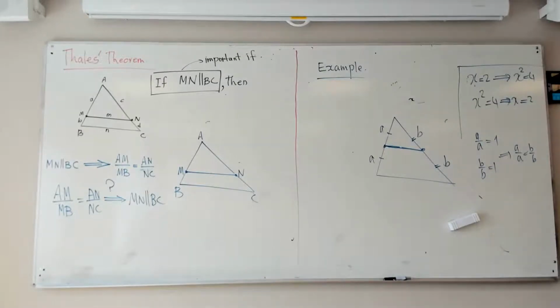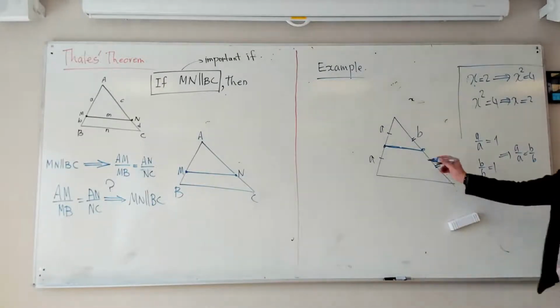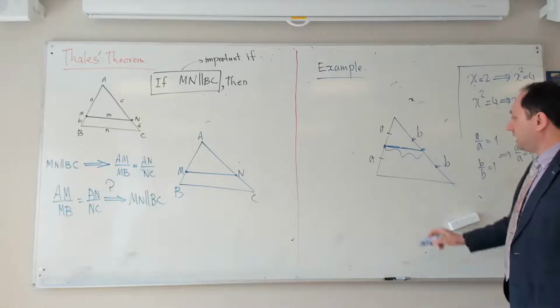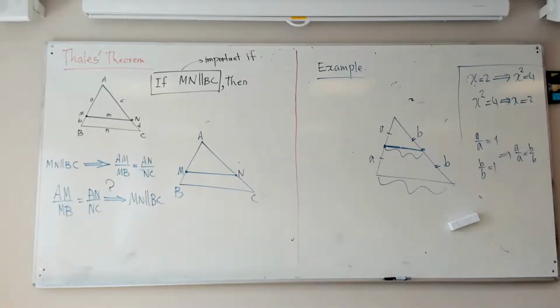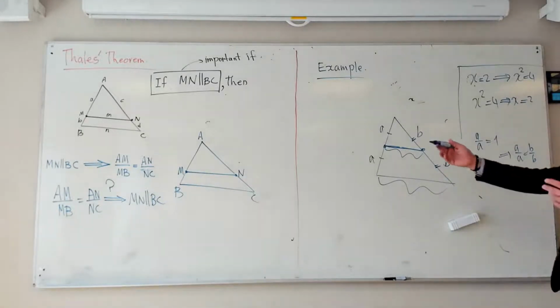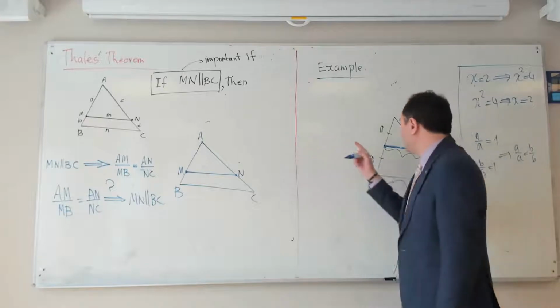Okay, and one more thing. What is the length of this one and the length of this one, how are they related? Isn't it like A divided by A plus A? Yes, exactly the same rule. Now go back to the same theorem.